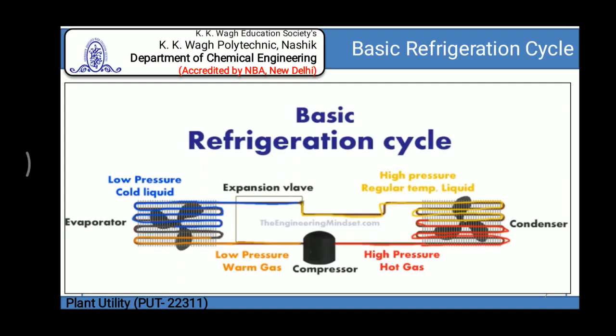The device lets small amounts of refrigerant out into the line and loses the high pressure it has behind it. So, when it passes through this expansion valve, the flow of this high pressure regular temperature liquid is restricted, and because of this the high pressure liquid is now converted into low pressure cold liquid.